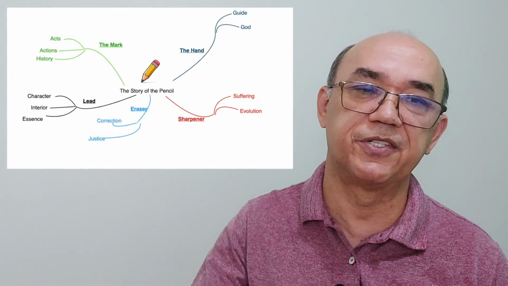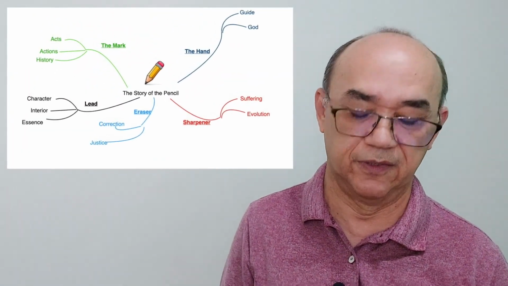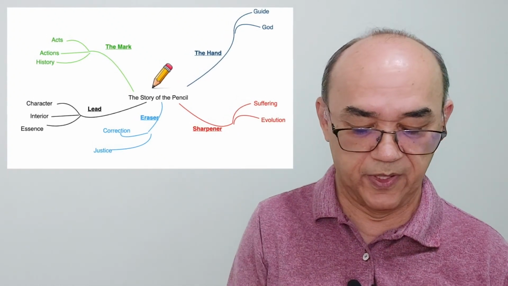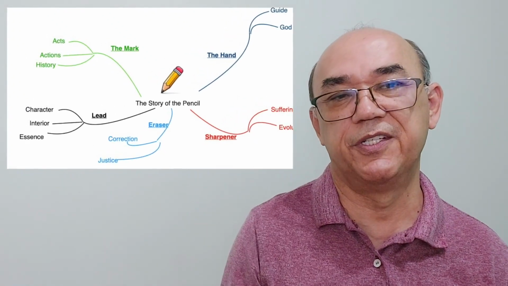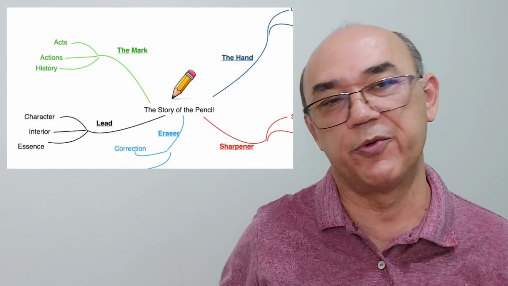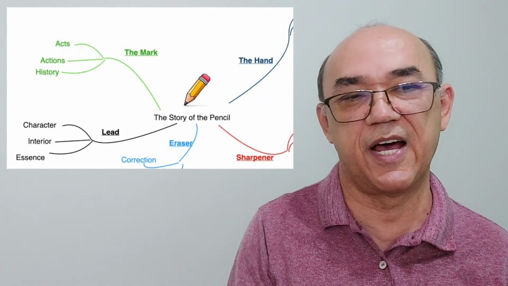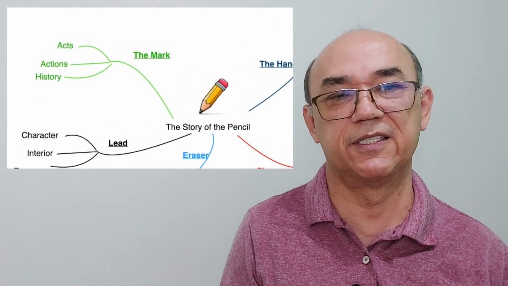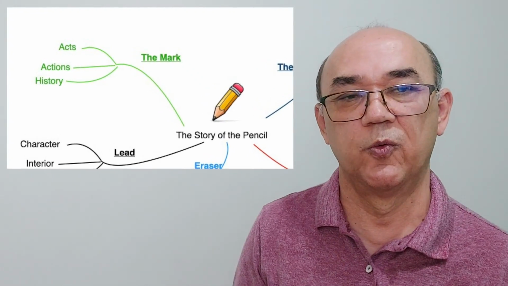And the fifth one is the mark. And the mark leaves traces. And these traces are the deeds that we do, so it's all interpretation. So it's not directly connected with the pencil.